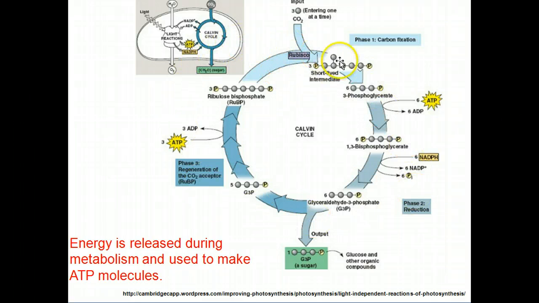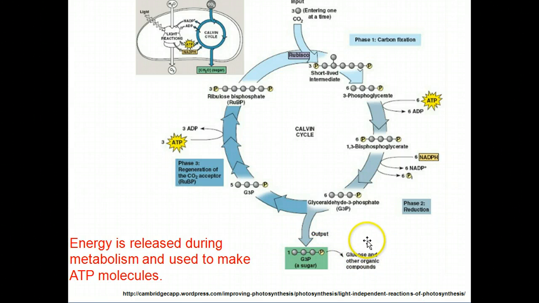It's going to go through this process. For each carbon dioxide, if there's six required for glucose, it's going to go through six times. But ultimately, we're going to make three-carbon molecules, so we only need three carbon dioxides for this one pathway. These three-carbon molecules are going to glue together. An enzyme is going to make them into a six-carbon molecule.